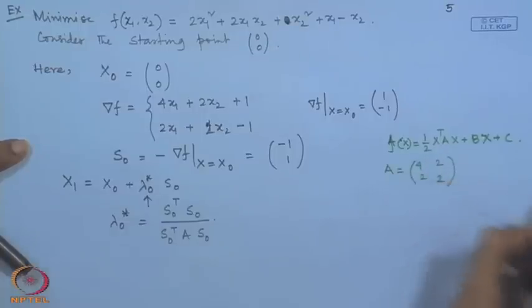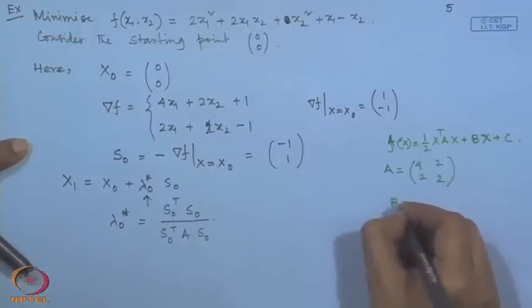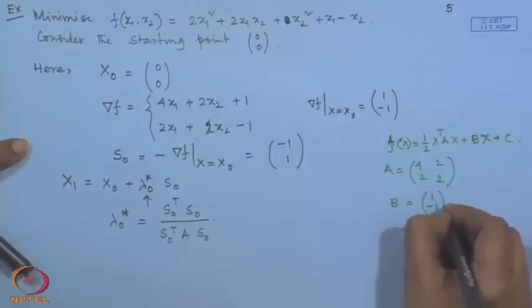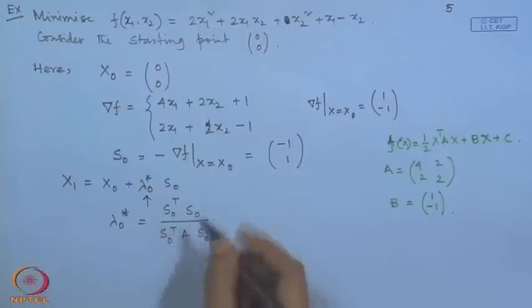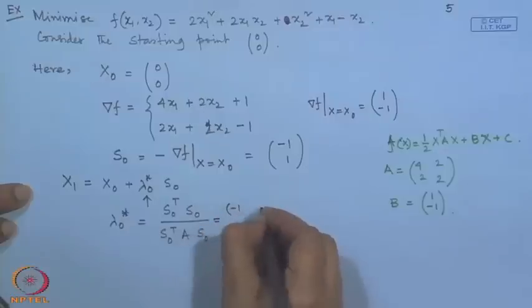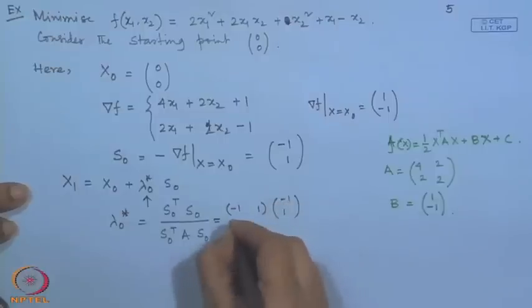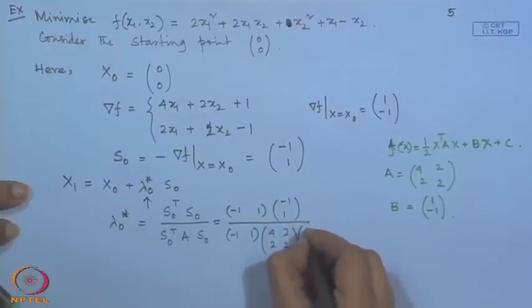This matrix is the symmetric matrix, and corresponding b would be equal to (1, -1). Then we will use this fact here. Therefore, lambda0 star would be equal to (-1 1)(-1 1) divided by (-1 1)[4 2; 2 2] and S0 again.